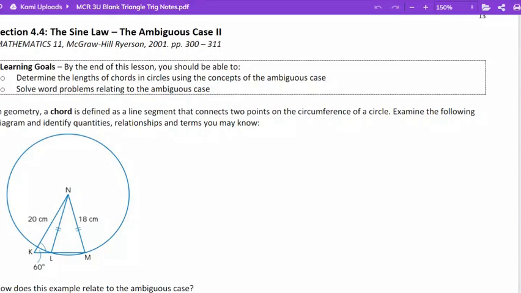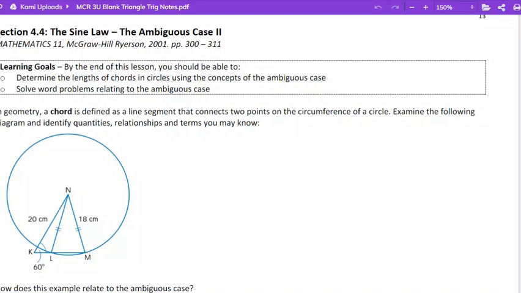Thank you. All right. Today we are going to use our understanding and knowledge of the ambiguous case to do certain things. We're going to determine the length of a chord in a circle. Do you even know what is a chord in a circle? You shall know, using concepts of the ambiguous case.